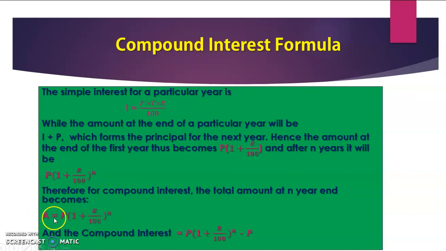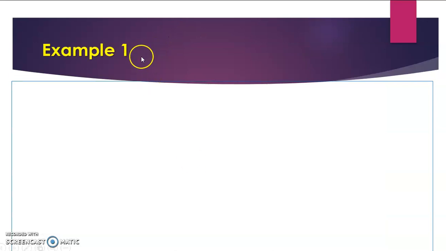It's very important for us to calculate this, because for us to be able to get our compound interest, the amount needs to be calculated. After doing that, we now minus our principal from it. Now let's quickly take an example on compound interest.